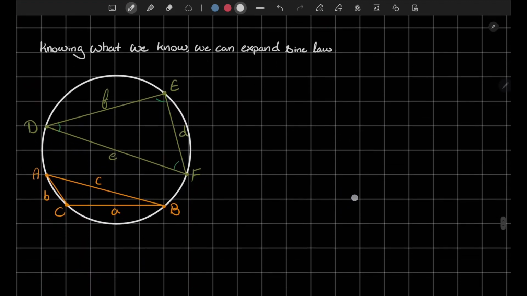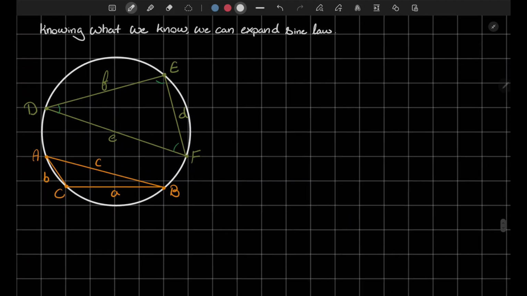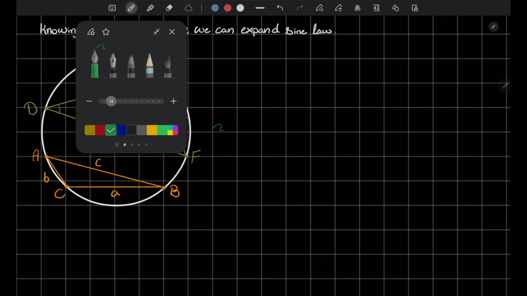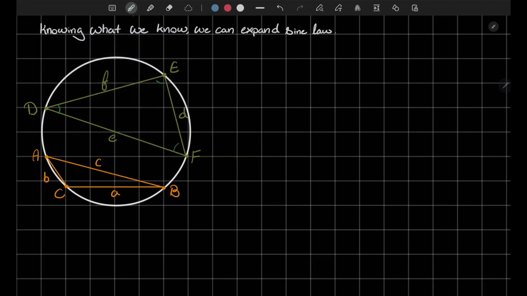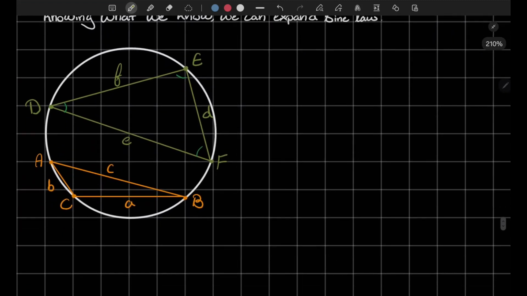But anyway, so knowing what we know, we can actually expand sine law. Because we know that all this ratio is doing is giving us the diameter of the circle that the triangle is inscribed in. So we have this green triangle. What's the diameter of the circle that this green triangle is inscribed in? It's D over sine of D, which is also equal to E over sine of E, which is also equal to F over sine of F. Why?